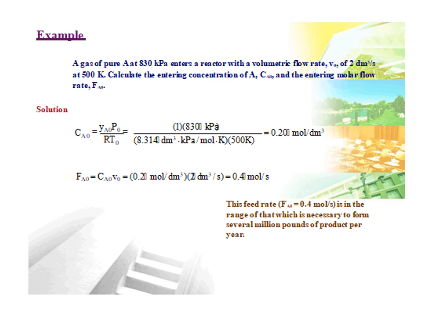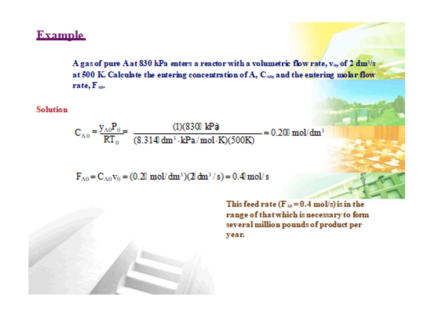So here you all see, next we'll apply the design equation of that reactor, that is CA0 is equal to yA0 P0 upon R T0. Then with the help of this given data, we'll put in one by one the values: mole fraction of initial A, the gas constant value of 8.314, the given temperature that is 500 K, and the volumetric flow rate entering the reactor. We'll find the final calculation of CA0, that is 0.20 mole per dm cubed.